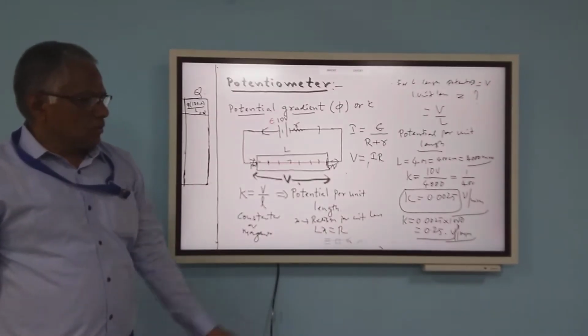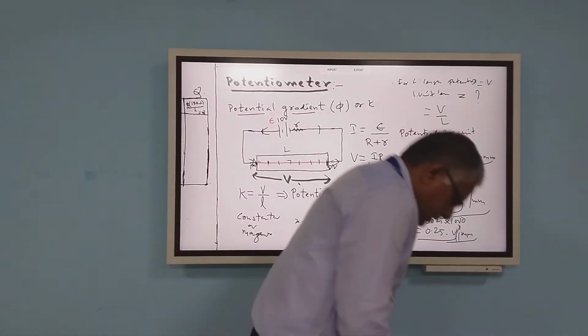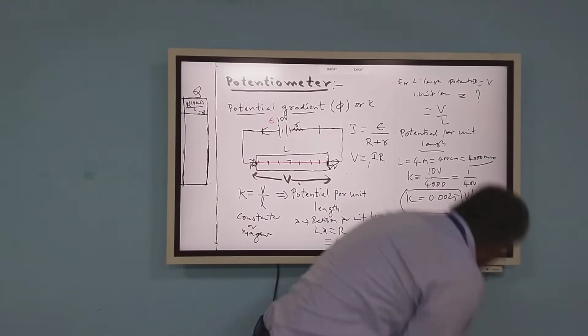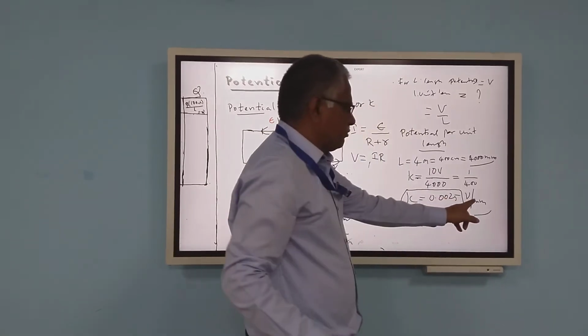So this is volts per millimeter. Sorry, it's not a potential, it's K, the potential gradient, 0.0025 volt per millimeter.